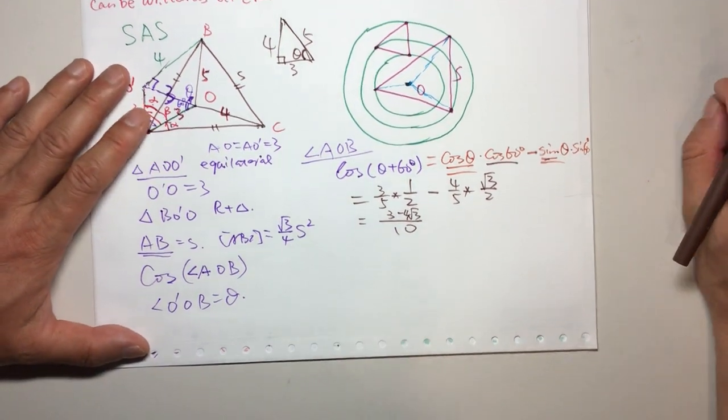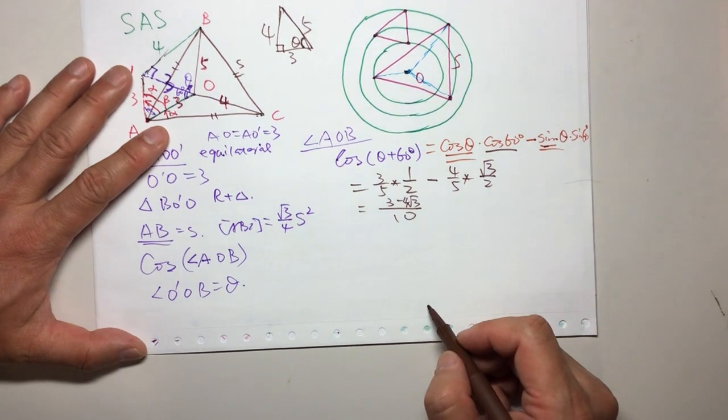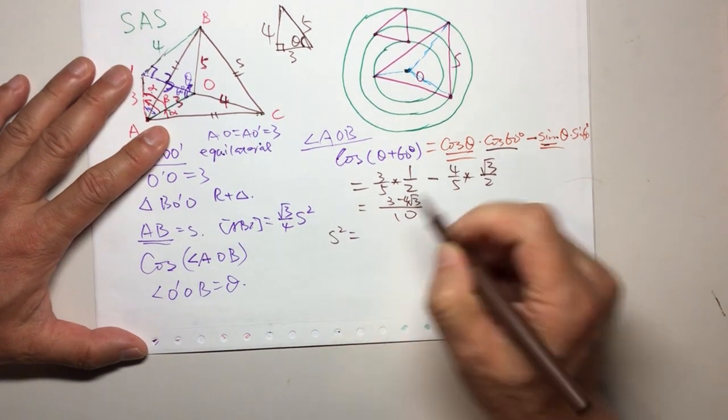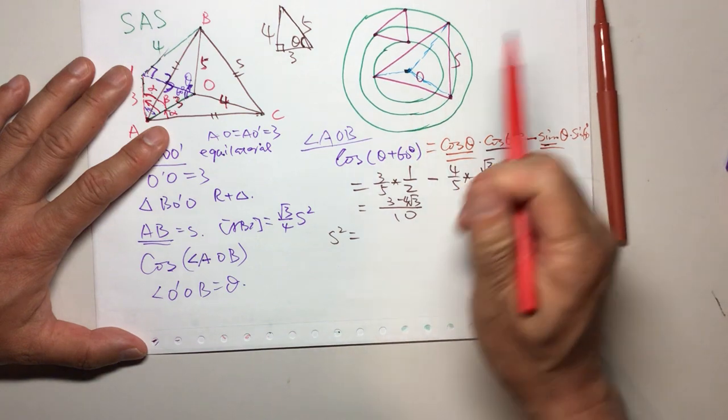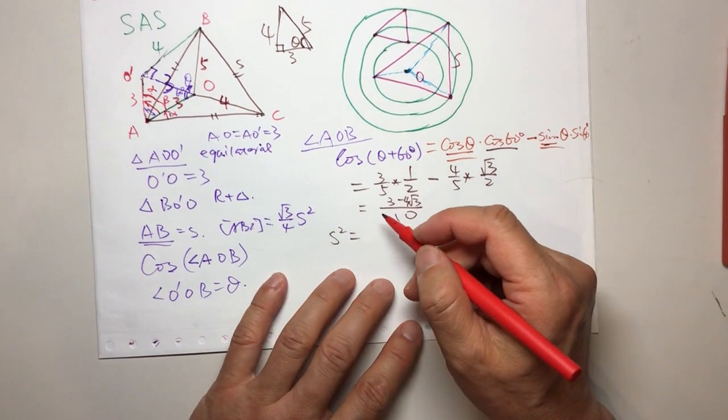Okay, now we will find s squared, according to the cosine law.